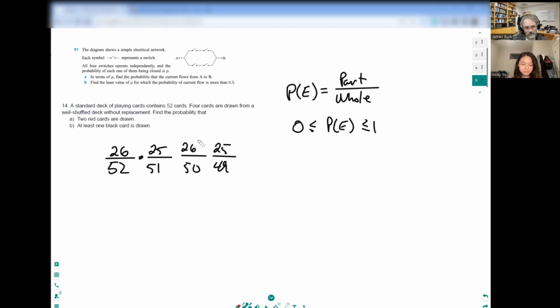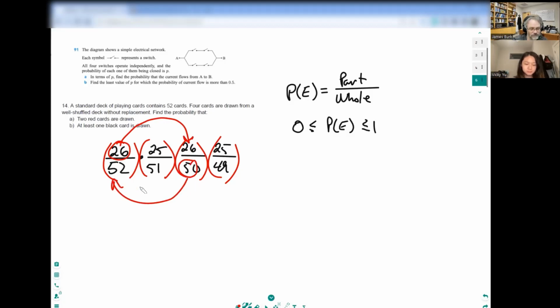The first card has really no bearing on what's going to happen thereafter. So I have the multiplication principle in play. That's my probability. Now, I could have picked the black card first, but that really wouldn't matter much because I would just commute the values around.